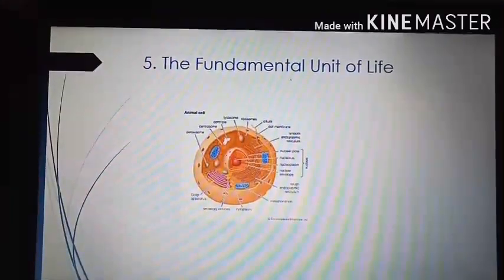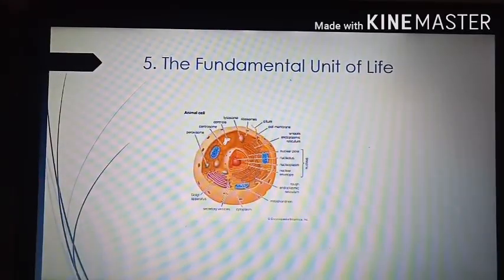The fifth chapter of Standard 9 is The Fundamental Unit of Life. As we all know, the cell is the fundamental unit of life.